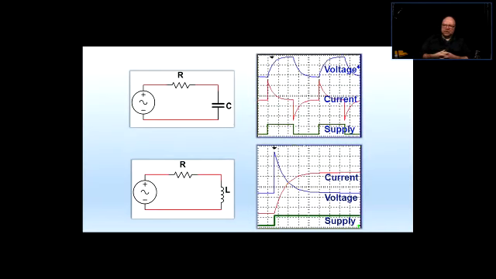Right? Now, if you look at this, in a capacitor, first there is a current and then the voltage goes down. In the coil, first there's voltage and current follows.